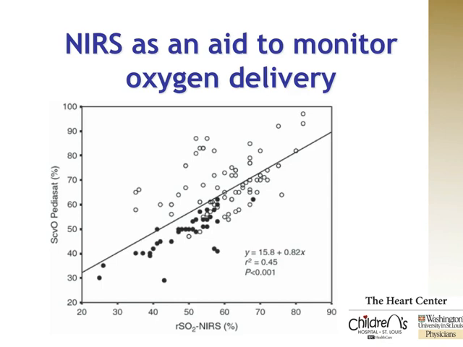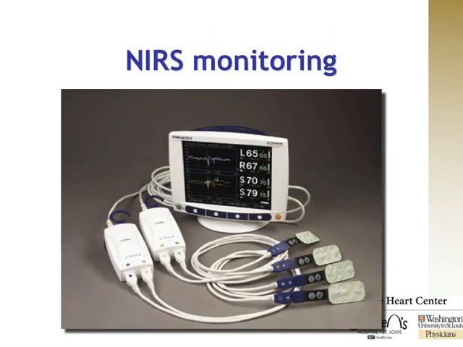And that's what's shown in this diagram with a measured mixed venous saturation on the y-axis and the RSO2, the regional cerebral or the regional oxygen saturation, tissue oxygen saturation measured by a NIRS probe on the x-axis. And these are the monitors we're familiar with using in the pediatric cardiac OR and pediatric cardiac ICU. We usually use multi-site monitoring.